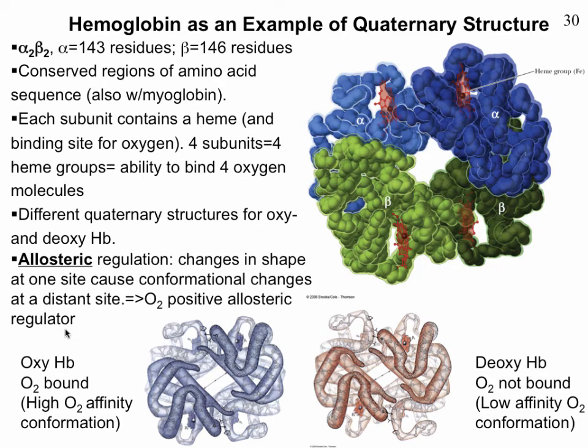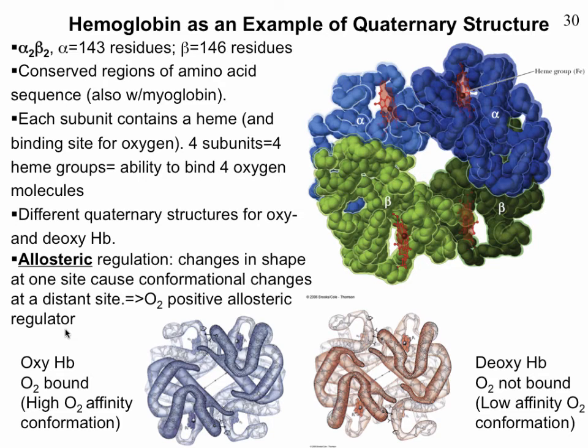One thing about hemoglobin is that it can be allosterically regulated, which means that changes in the shape of one site cause conformational change at a distant site. So if oxygen binds to hemoglobin, it causes the whole conformation to change.